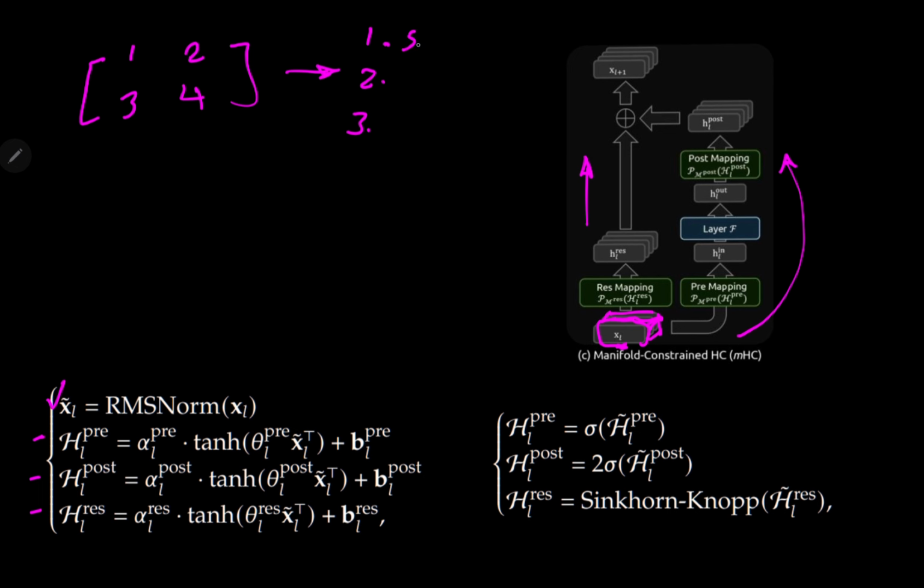First one, the sum of each row should be between 0 and 1. Second one is that the sum of each column should be between 0 and 1. And the third one is that none of the values can be negative, so all positive.